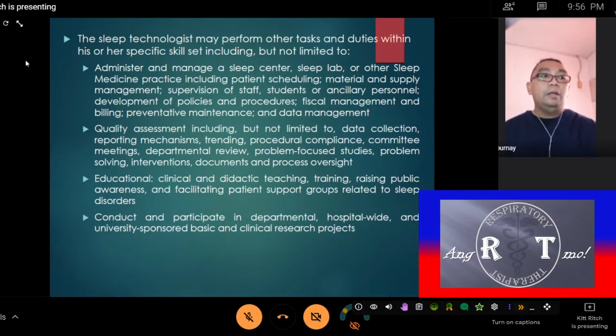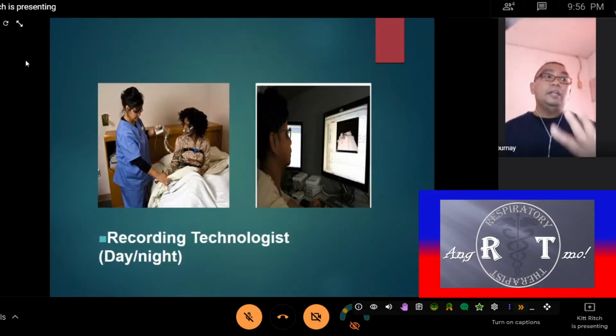Okay. Of course, again, you're doing this as a recording technologist, so you record the sleep study of the patient, day or night.